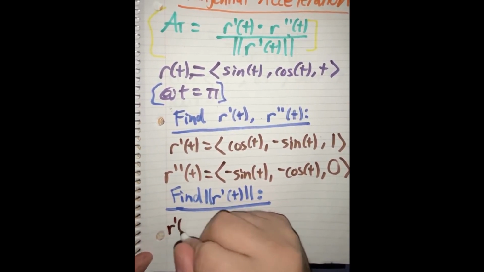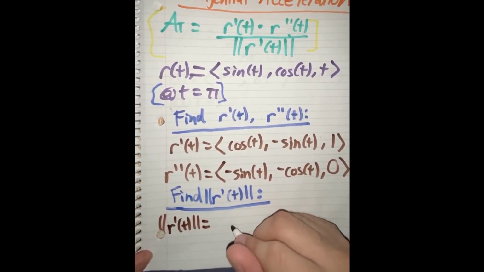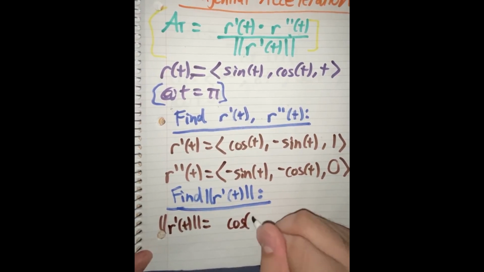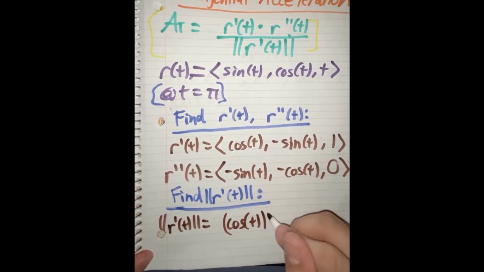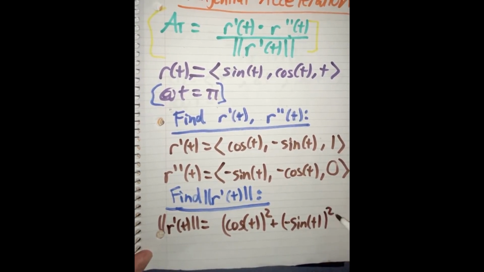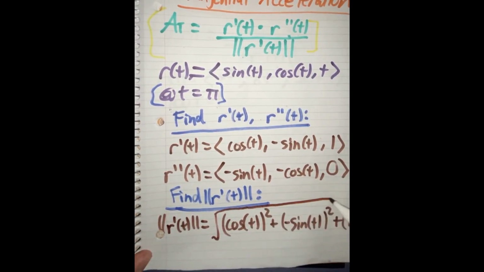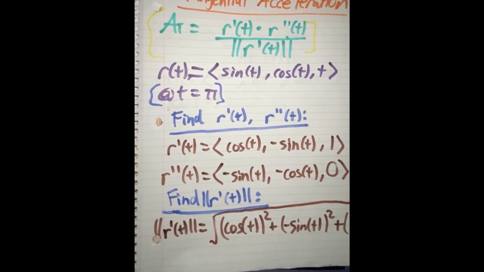That's simply how we find magnitude. In doing so, we get the square root of cosine of t squared plus negative sine of t squared plus 1 squared.